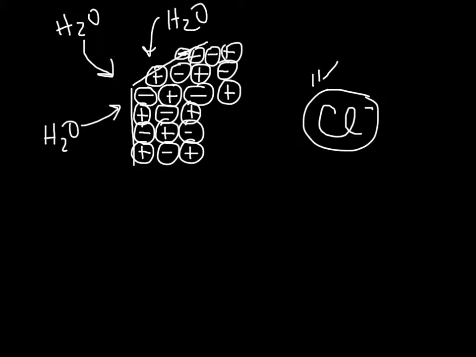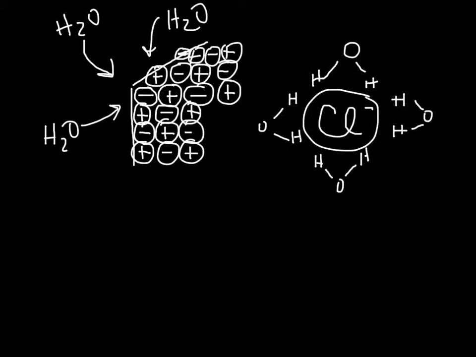Our positive hydrogen end surrounds the chloride ion. And it just rips it off.